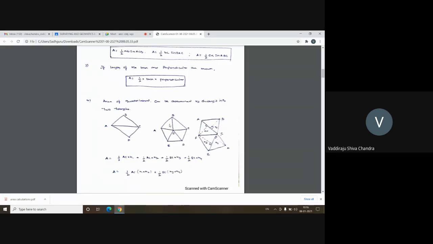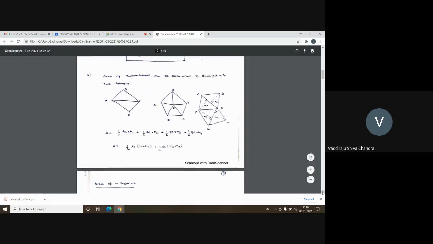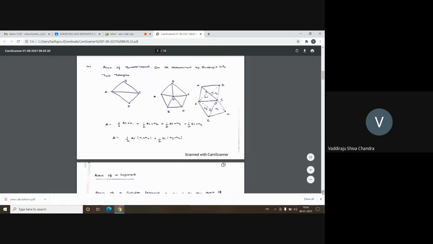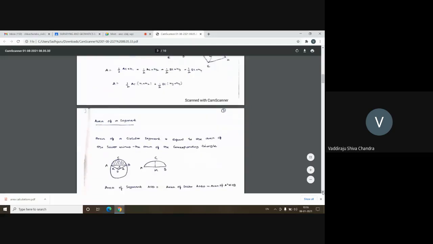Here also I'll get five areas: A1, A2, A3, A4, A5. If I add them, I'll get the area enclosed by A, B, C, D, E. So the simple idea is, we divide the given area into a set of triangles, determine the area of each block, and add all of them to get the final area.